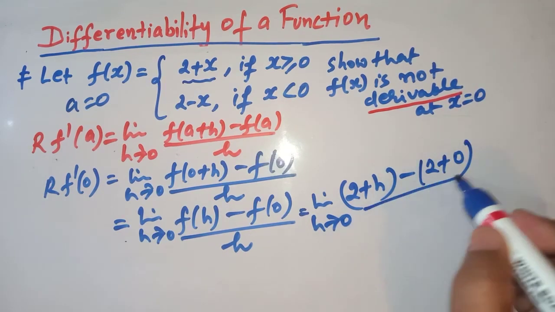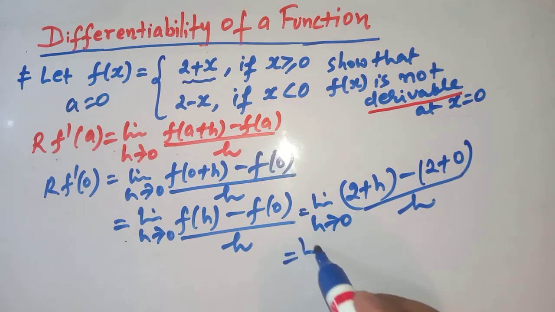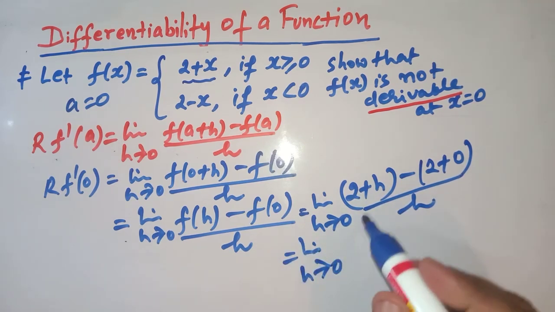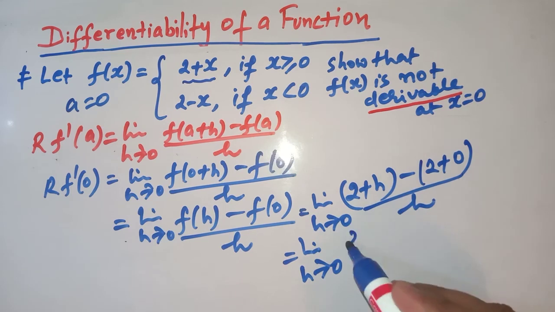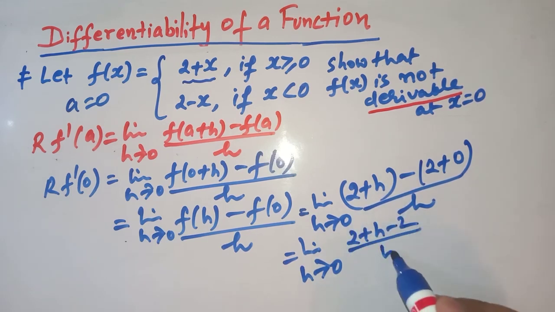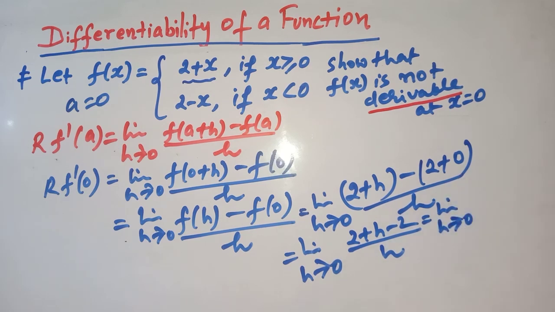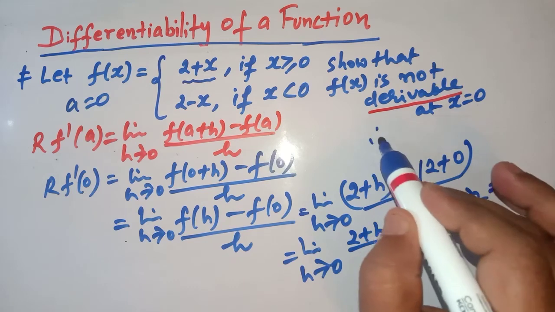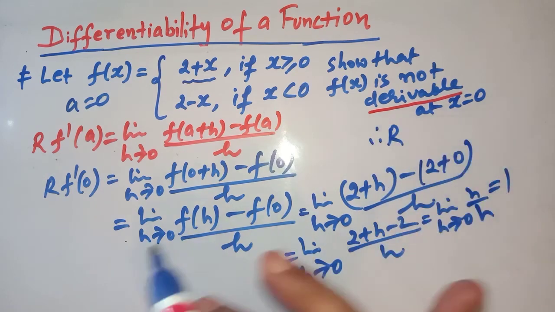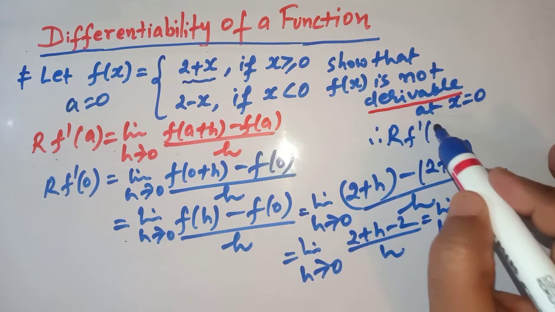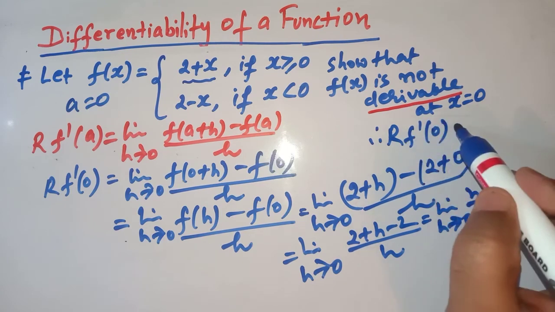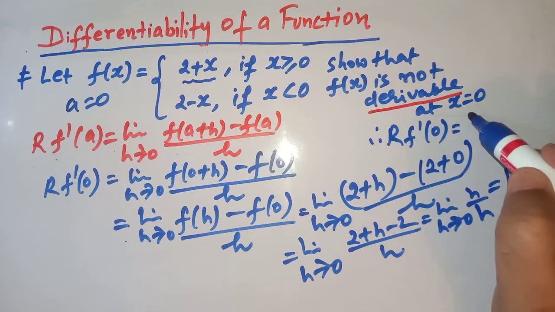Clear? Over h. Now this is limit h tends to 0, (2 + h - 2) over h, and 2 and minus 2 get cancelled. We have limit h tends to 0, h over h, and this gets cancelled and we are left with 1. So therefore the right hand derivative Rf'(0) is 1.